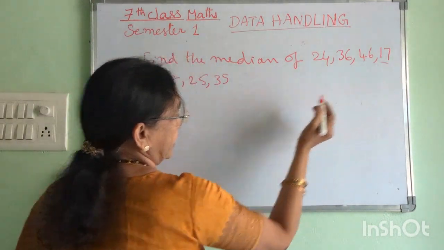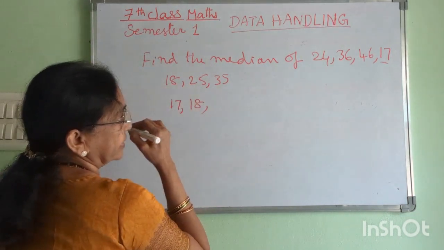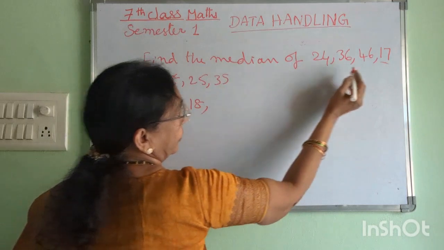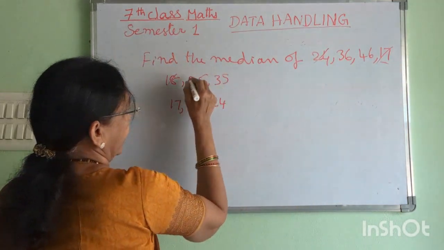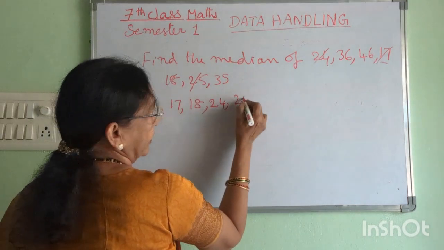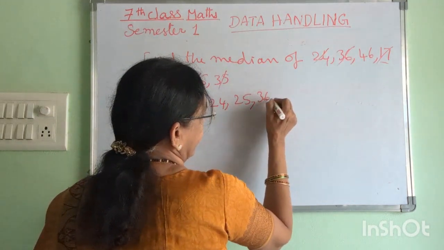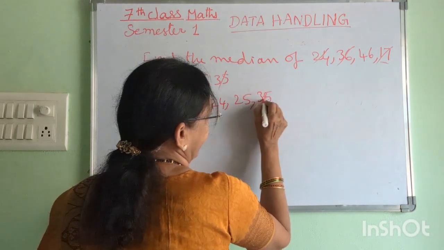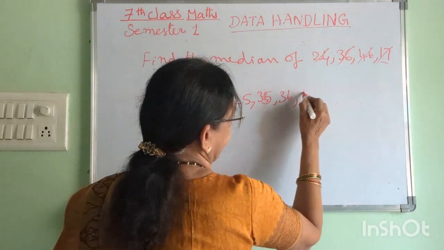The lowest is 17, and the next 18, next 24, next 25, 35, 36, next 46.